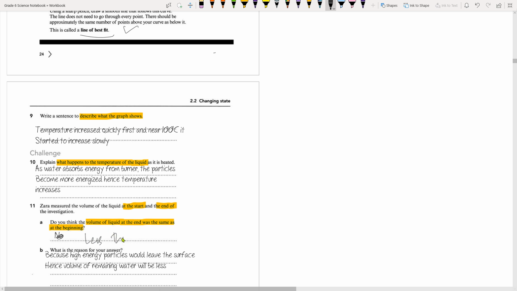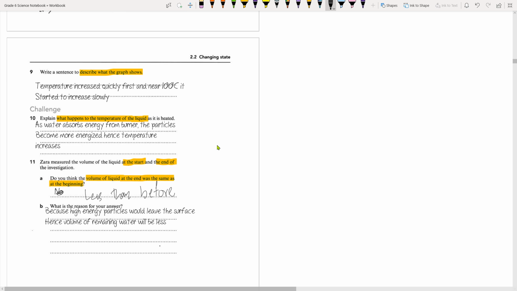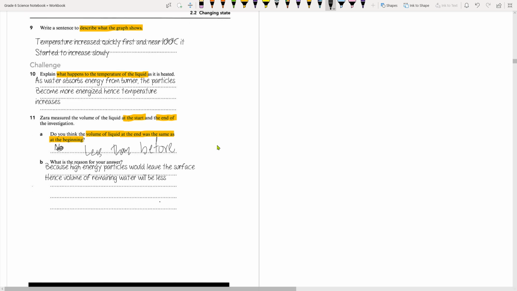Sorry, my bad. Do you think the volume would be the same as the beginning? No, it would not be the same. It would be less than before. So I think the word no needs to be there, right? Okay, so what is the reason for your answer? Because high energy particles would leave the surface, hence the volume of the remaining water will be less, right?